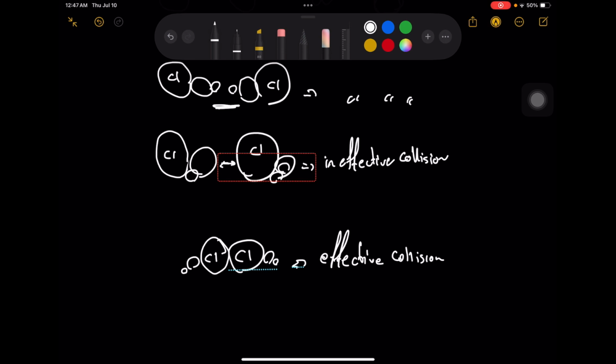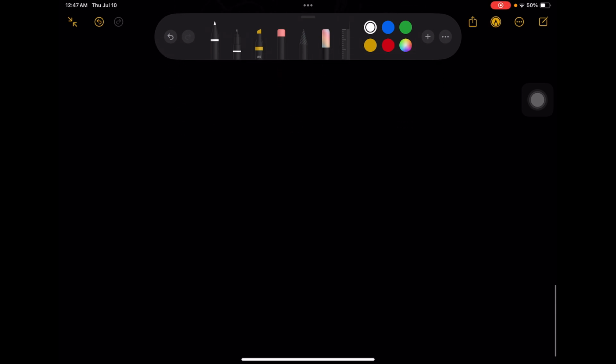And also the temperature. The temperature is a measure of average kinetic energy of a molecule. And if you remember, the kinetic energy can be calculated by half mass V squared, which is its speed. So if we increase the temperature, the average kinetic energy will increase.